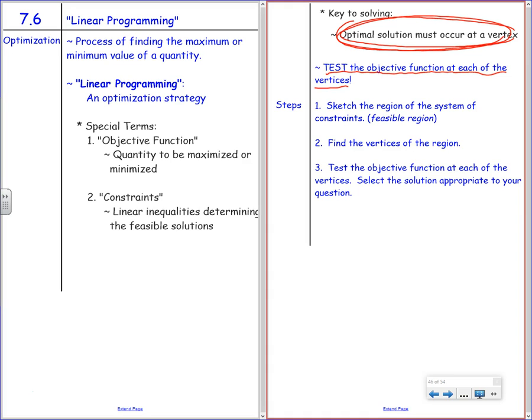So maybe from words you have to get systems, then sketch, then say who are my vertices, and then test them. Long story short, figure out the system, sketch it, find the vertices of the region, test each vertex in the objective, and select the one they're looking for: the highest if they're asking for the max, the lowest if they're asking for the min. You guys ready?